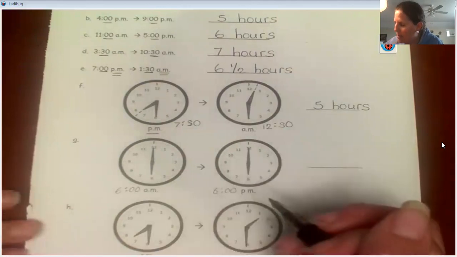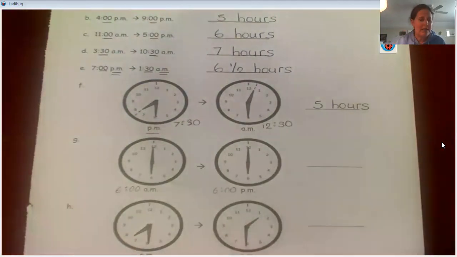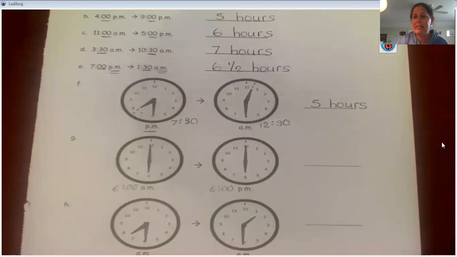So from 6 a.m. to 6 p.m., I would need to count the hours from 6 to 6, making sure that when I hit 12 o'clock, my next hour will be 1.